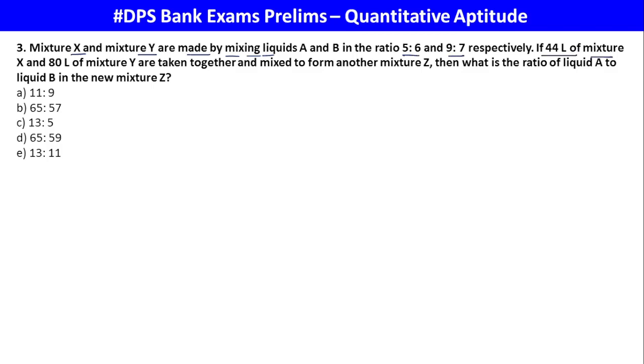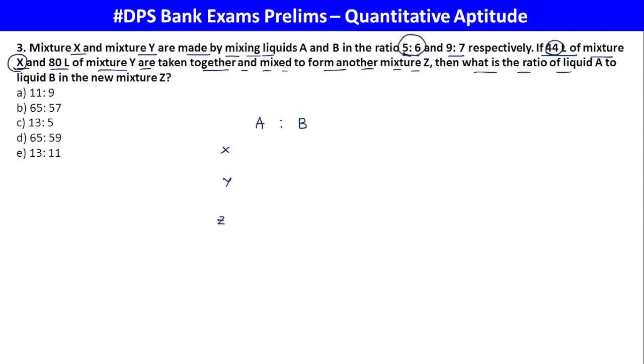If 44 liters of mixture X and 80 liters of mixture Y are taken together, and mix it to form another, then what is the ratio of liquid A to B? Liquid A to B అడుగుతున్నారు. ఇనీషియల్ గా మిక్చర్ X, మిక్చర్ Y రెండు మిక్స్ చేసిన తర్వాత మిక్చర్ Z వచ్చిందట. 44 liters ఆఫ్ మిక్చర్ X 44 తీసుకుంటున్నారు.